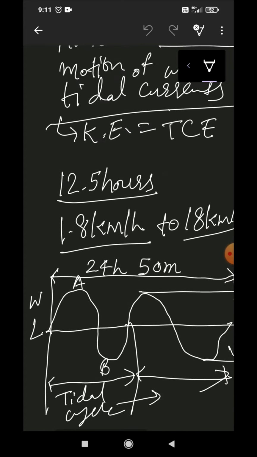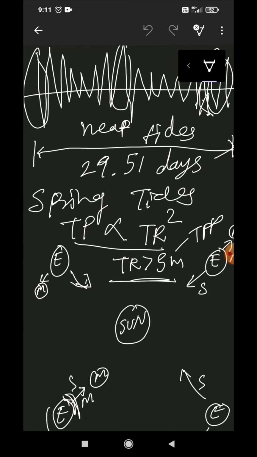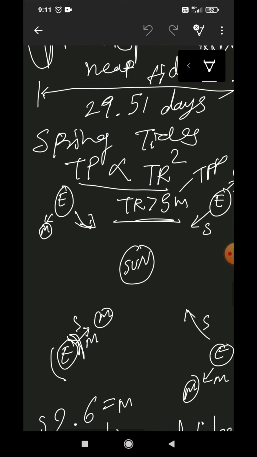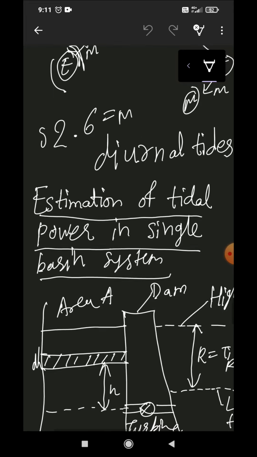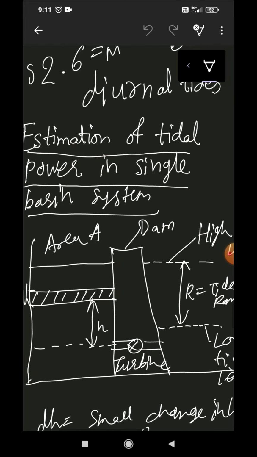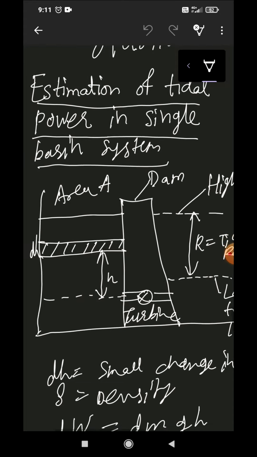We also saw how we get high and low tides over a whole lunar month. Then we saw that the tidal power is directly proportional to the range square, with the help of tidal power in a single basin system.